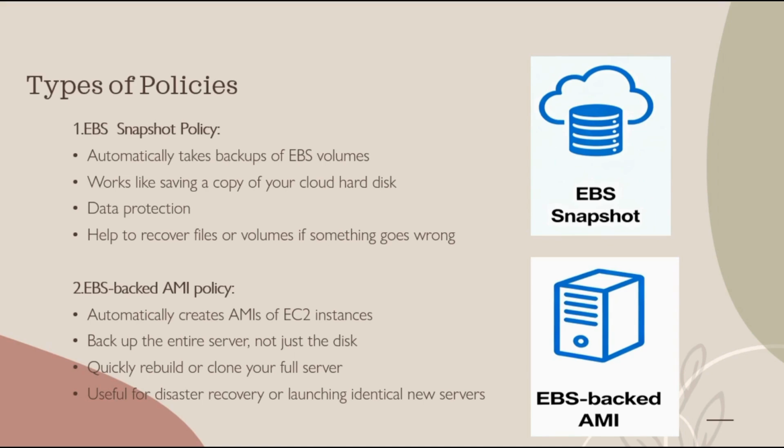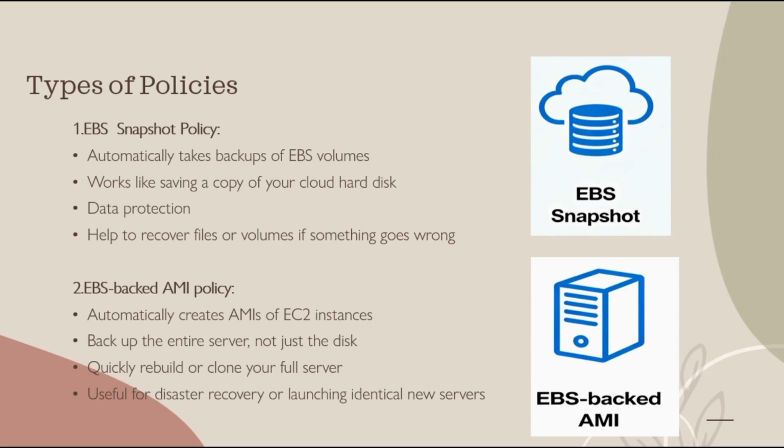And the second type is the EBS-backed AMI policy. So by using this kind of policy, we can create the AMI. So by using that created image, we can launch the EC2 instance, or we can also clone the full server. Because by using the EBS-backed AMI policy, we can back up the entire server.